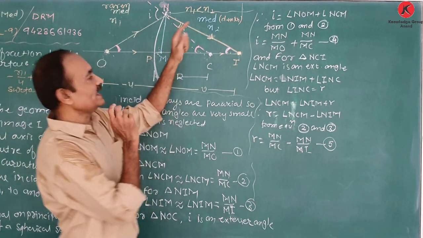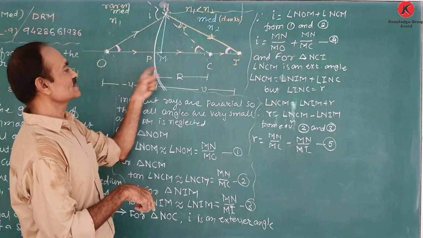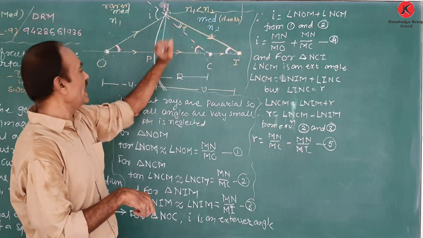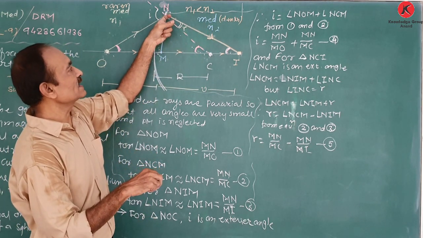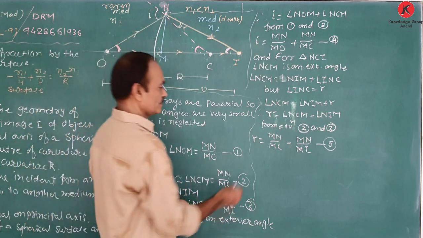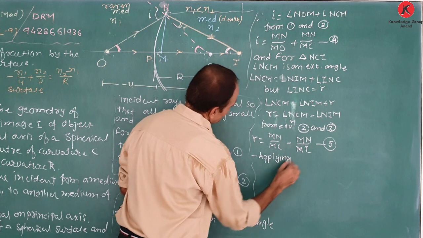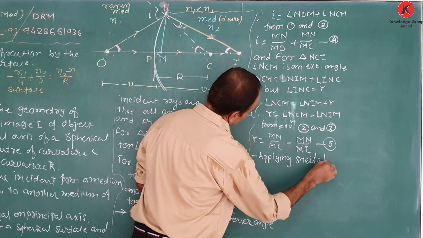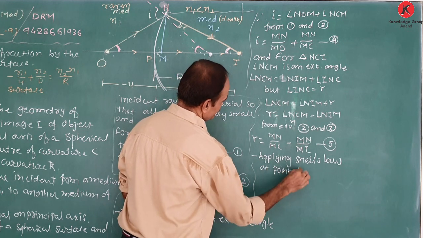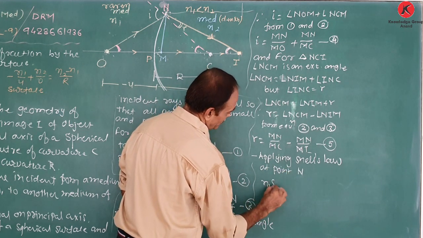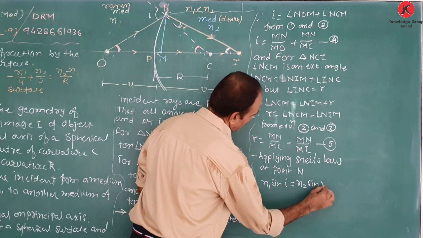Now, after that, we require the relation between the object distance, image distance, radius of curvature, and the refractive indices. For that purpose, we apply Snell's law at point N. Therefore, n1 sin i is equal to n2 sin r.